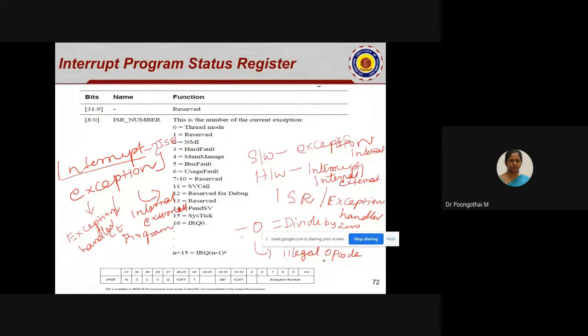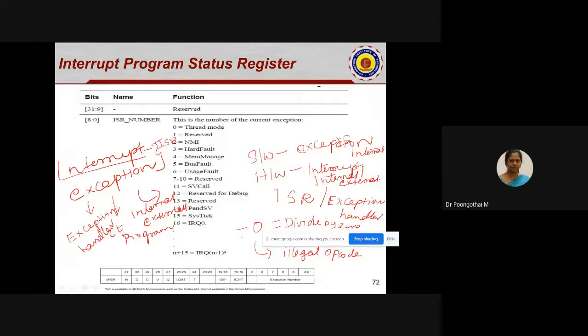So interrupt is nothing but an external or internal event. When it occurs, your ISR will be called. In the case of interrupt and exception, the operation is the same.